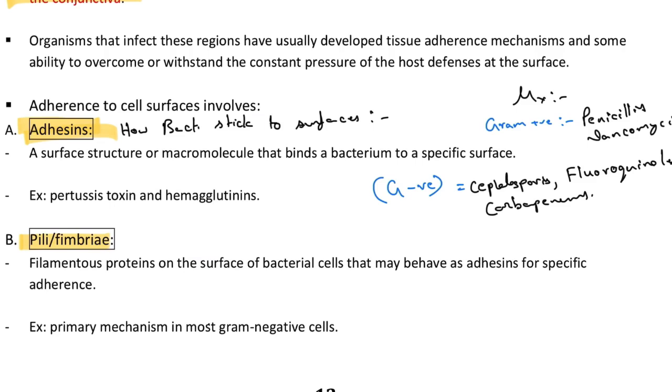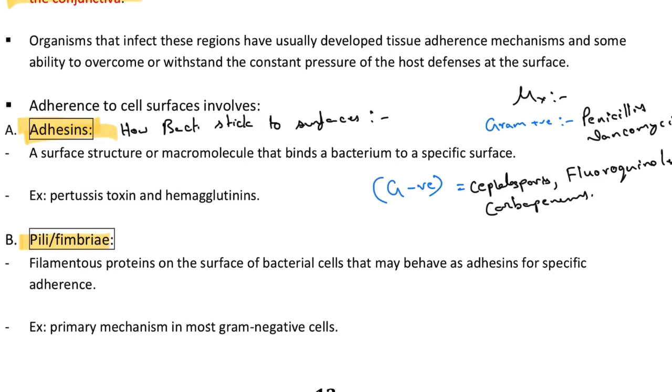So pili and fimbriae are hair-like protein structures in Gram-negative bacteria, and they help with specific binding to host cell receptors, for example E. coli and Neisseria gonorrhoeae.